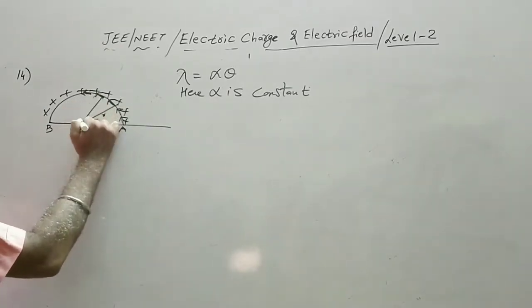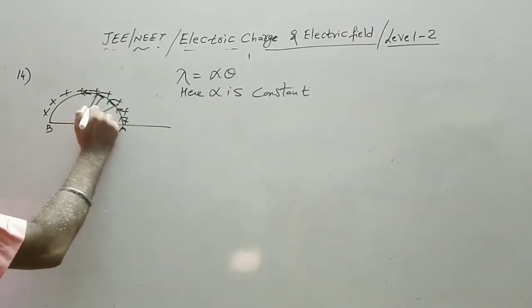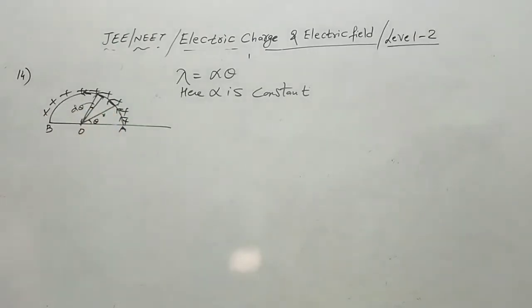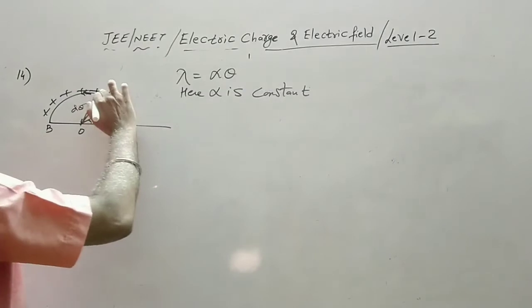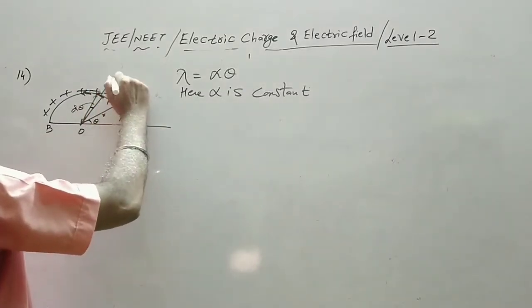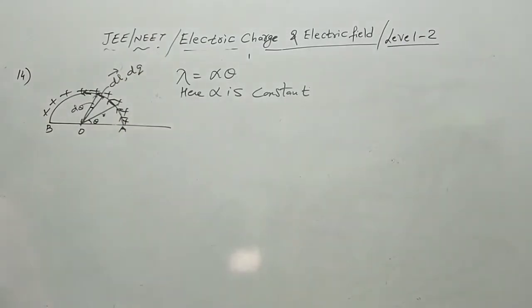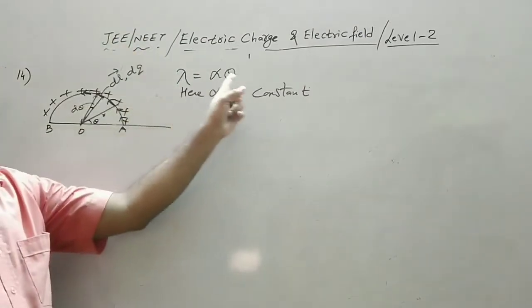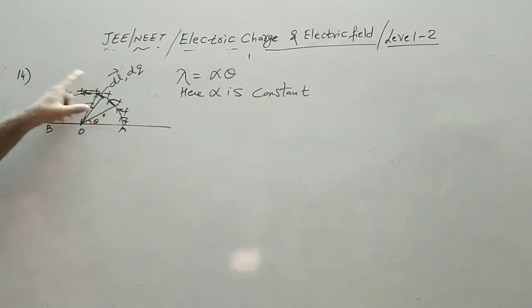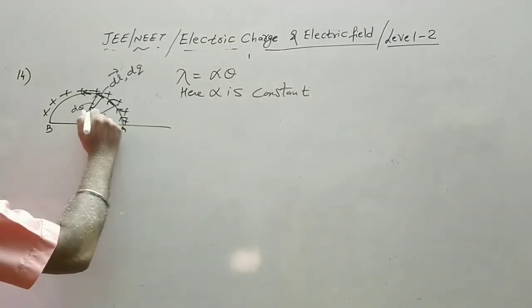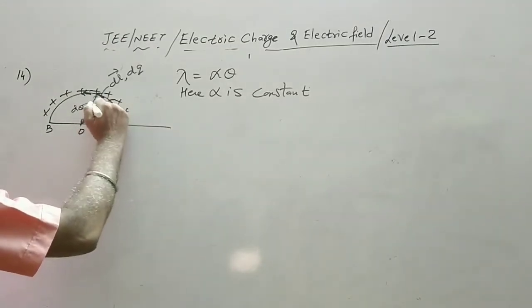So this angular width is called d theta, and the linear length is dl vector and the charge is dq. That is what we used to do in linear charge density theory. Here lambda is a function of theta, so as the element changes, the theta will also keep on changing. So I consider one element of angular width d theta.